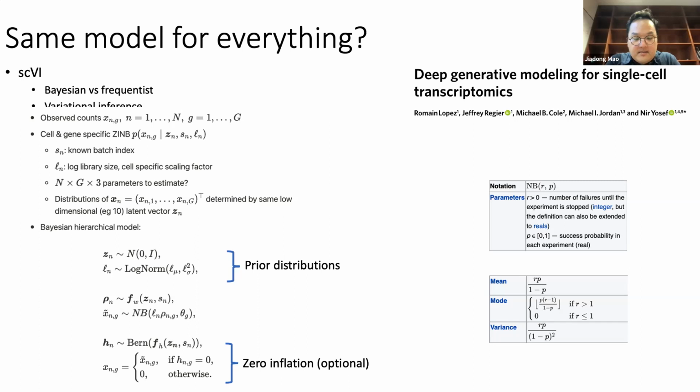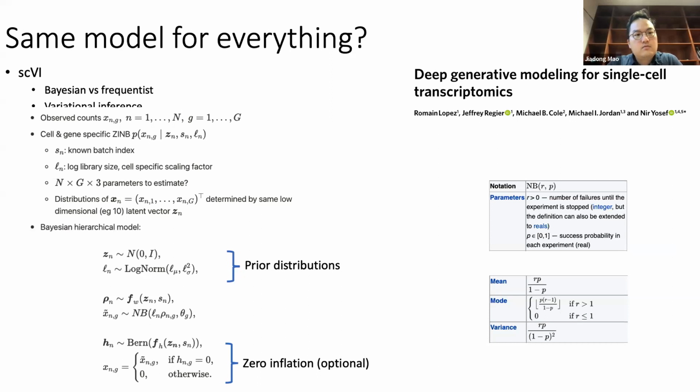Once you understand what underlying model they use, then you can just use their Python functions, because all numerical issues have been taken care of by their function. So the key thing for a user is to understand what each parameter means. Let's briefly review the SCVI model.